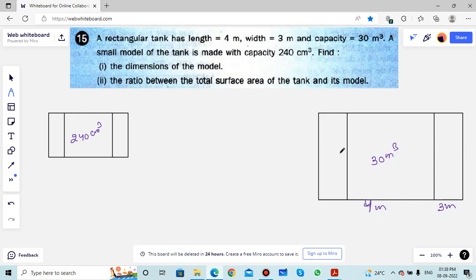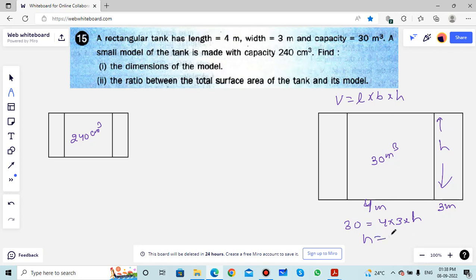So remember, the volume here is equal to length into breadth into height. So what is the volume? 30 is equal to 4 into 3 into height. We do not know the height, so we have to find this. So height will be how much?